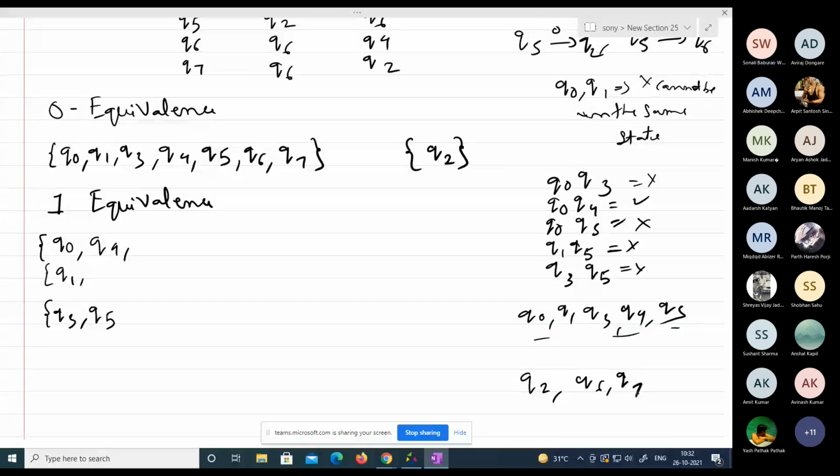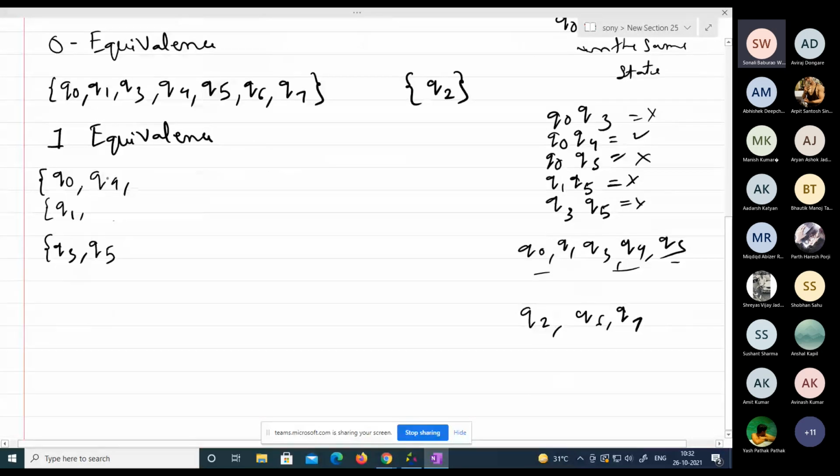Yes, ma'am. Okay. So as you can see here, Q0, Q1, Q3, Q4, and Q5 are part of some group. The only members left out are Q2, Q6, and Q7. Now let's check the most recent member present in Q0, Q4. Let's check for Q4, Q2, then we can check for Q1, Q2.